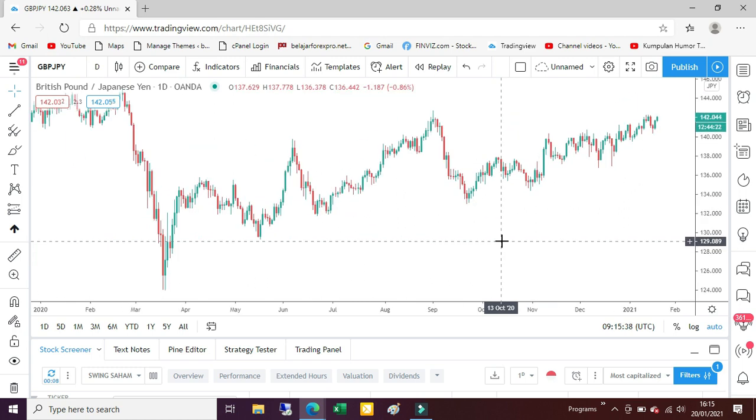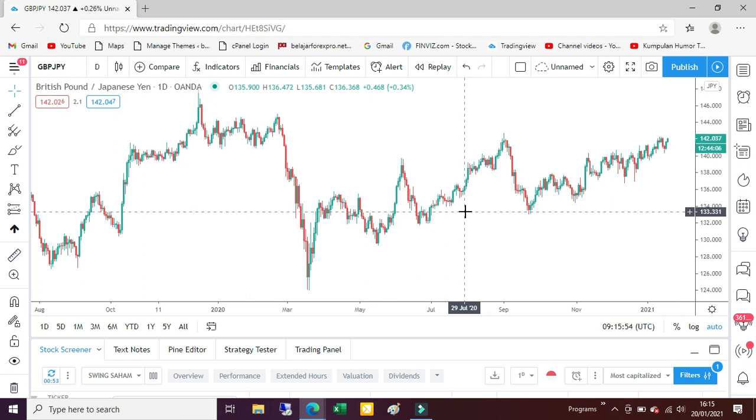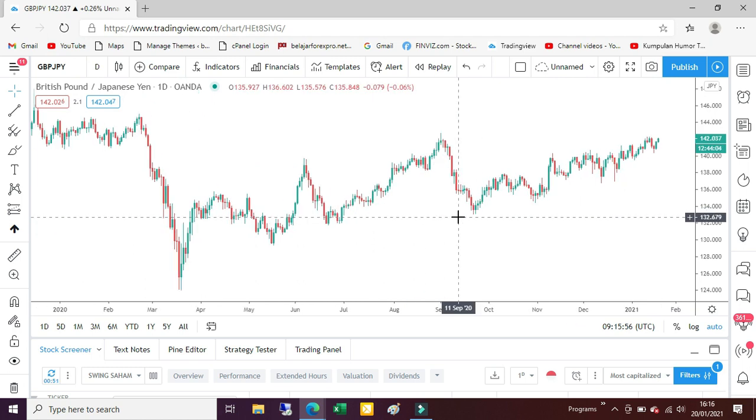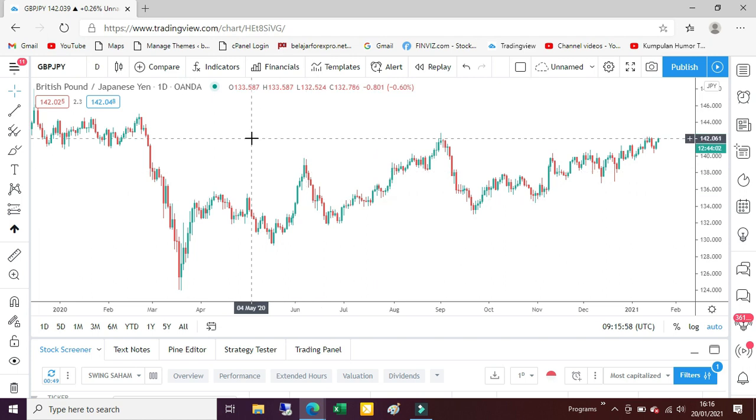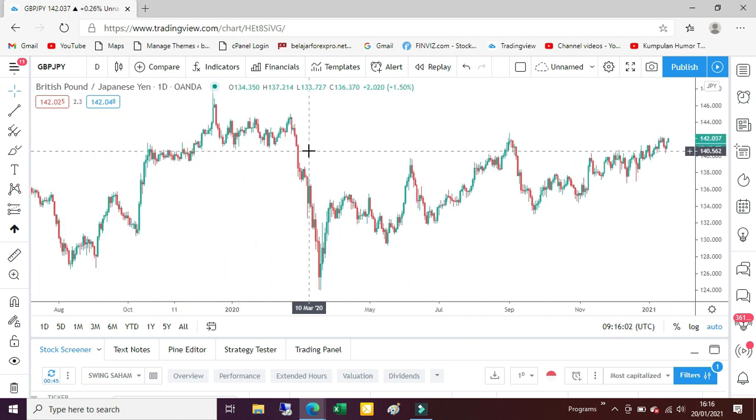Untuk teman-teman yang baru tentu jangan pakai uang sungguhan tapi pakai uang demo ya, supaya menghindari risiko. Kalau Anda sudah profit baru oke. Okay, for you friends as a newbie in forex trading, be careful.